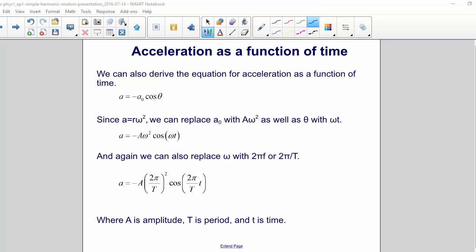And again, we can also replace omega with 2 pi f, or 2 pi over T. So we get acceleration equals negative A times 2 pi over T squared times cosine of 2 pi over T times t, where A is amplitude, capital T is period, and lowercase t is time.